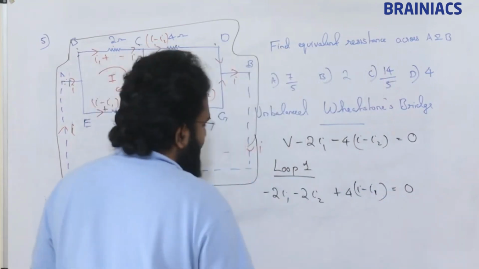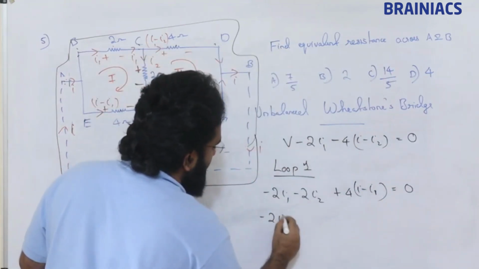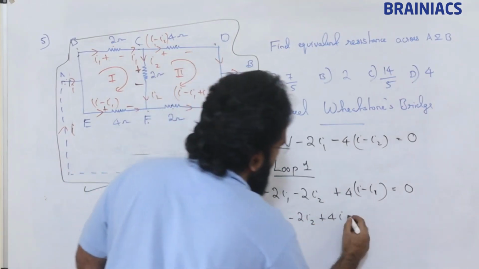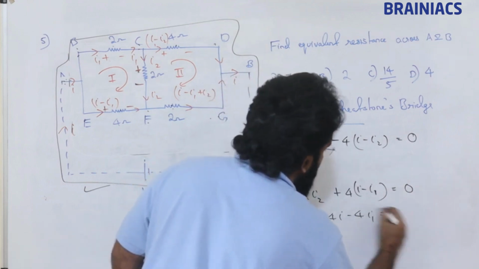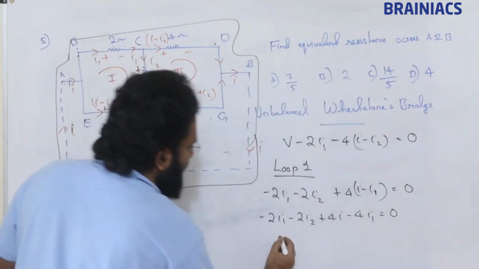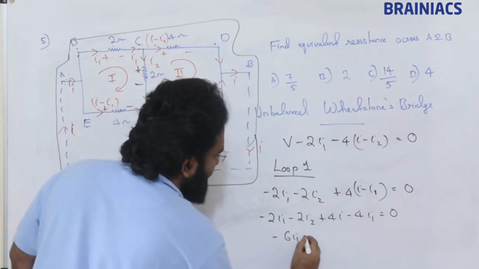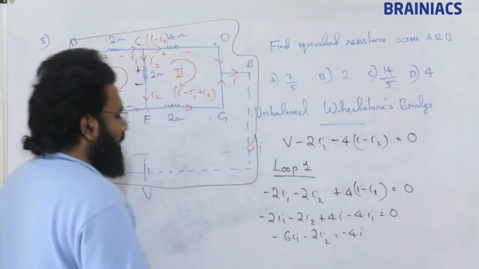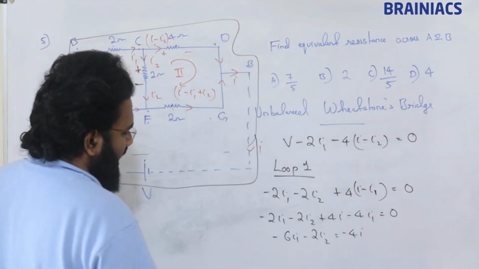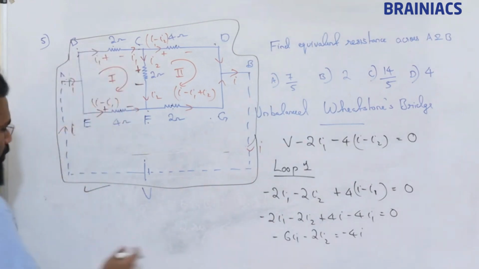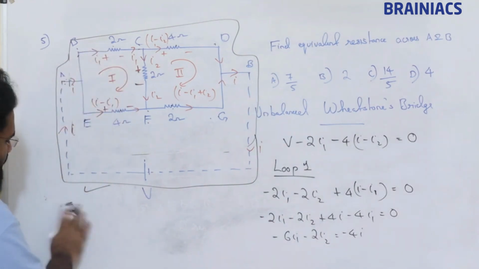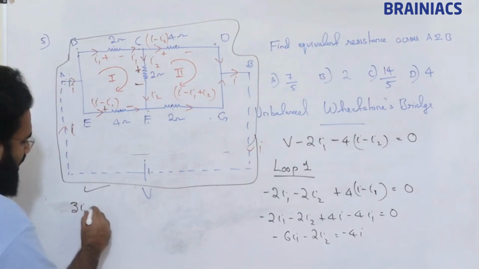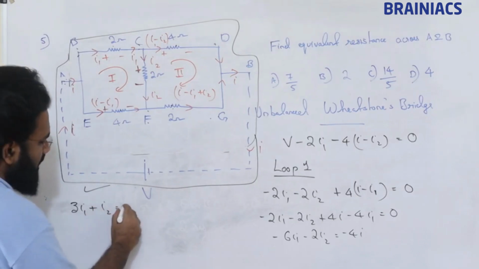So this is loop 1. We can write minus 2I1 minus 2I2 plus 4I minus 4I1 equals 0. Finally we get minus 6I1 minus 2I2 equals minus 4I. Removing the signs and dividing the equation by 2, we get 3I1 plus I2 equals 2I.